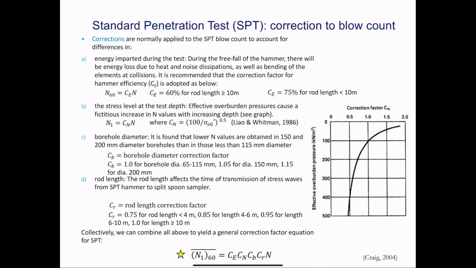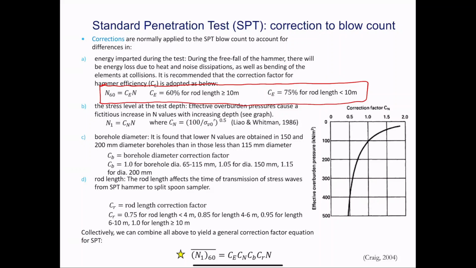So this is reflected, and you can see on this line here, if you have a rod length that's greater than 10 meters, then you take a discount of 60%, right? And if you have a rod length less than 10 meters, then you only have to discount it 25%, sorry, 40 and 25%.